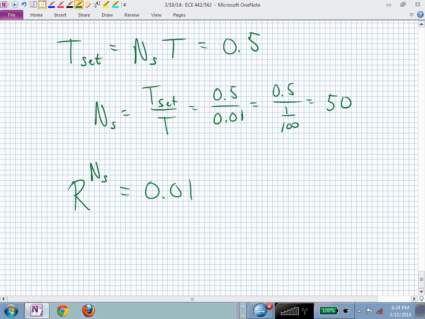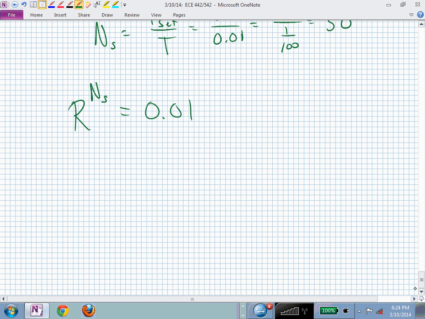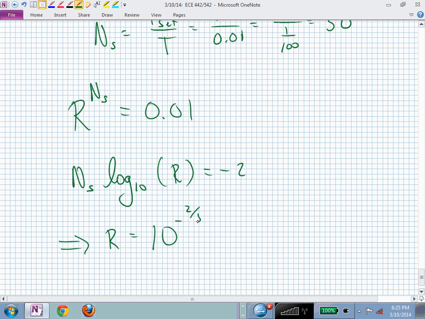This is not equal to capital T. It's equal to 1%, which is 0.01. We can now take the log of both sides. The base 10 log is easier because of the 0.01. And R is now 10 raised to the minus 2 over 50, or a value of 0.912.